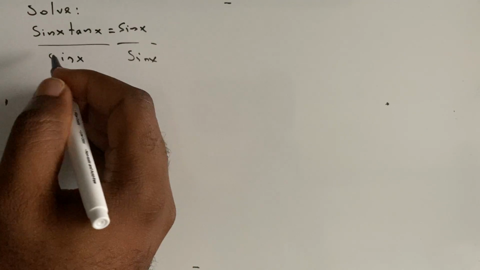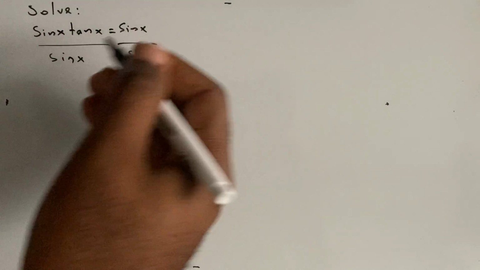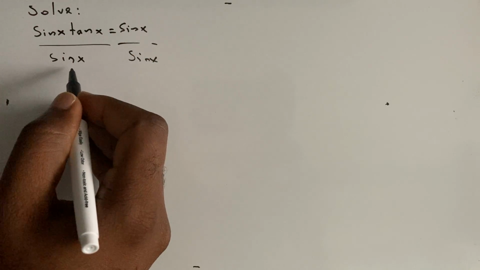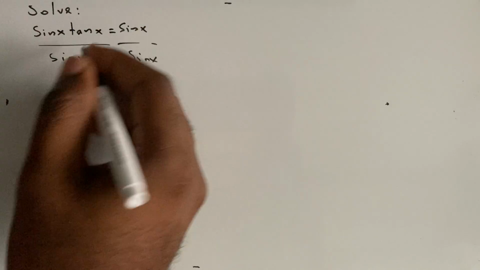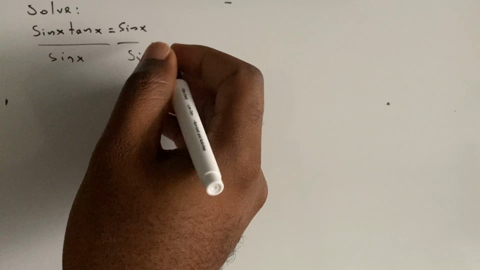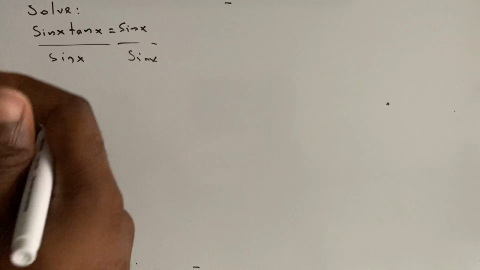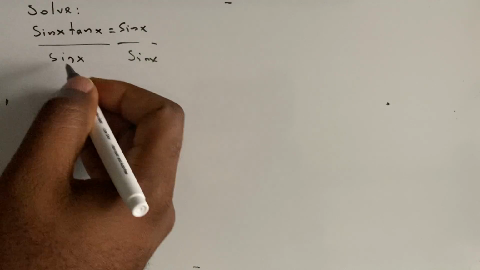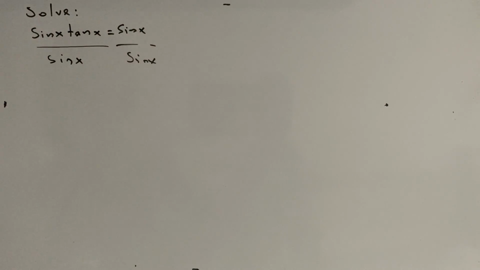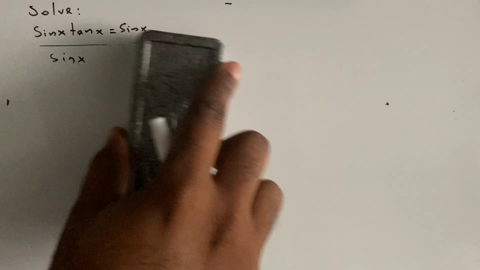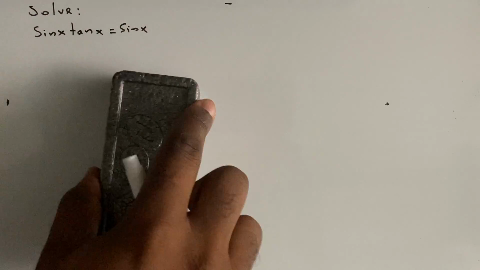There's no way I would get the solutions that would come from sine of x. I would just end up with tan x equals 1, which would give me some other solutions, but not the solutions for this problem here. So some things would be missing. Therefore, we have to consider different routes to the solutions.